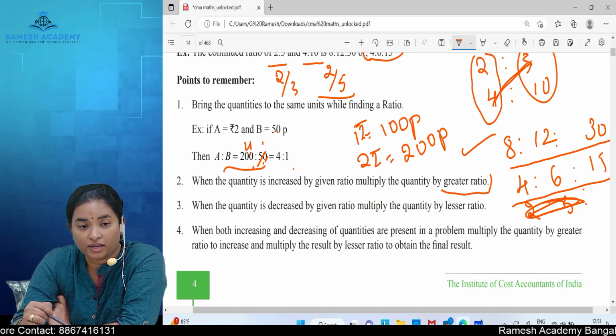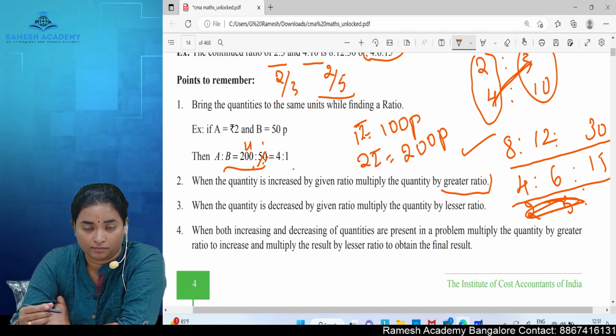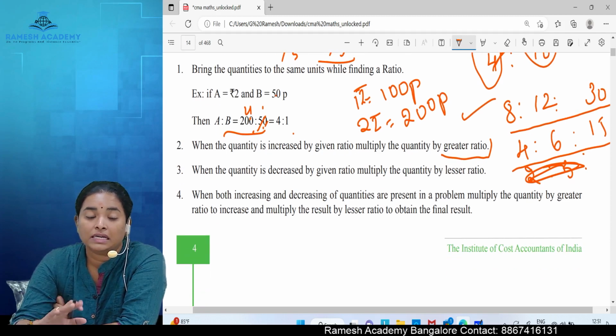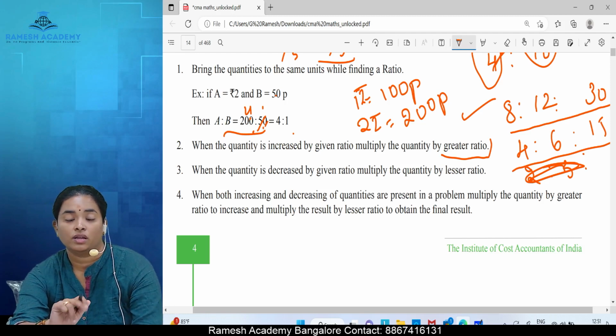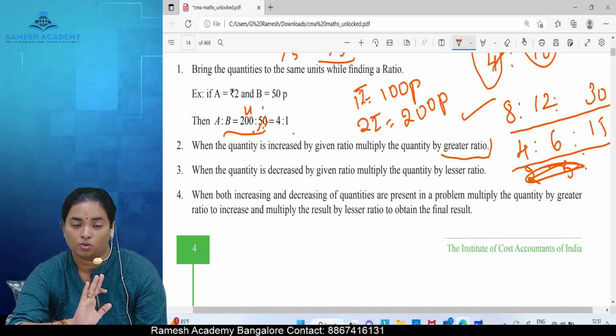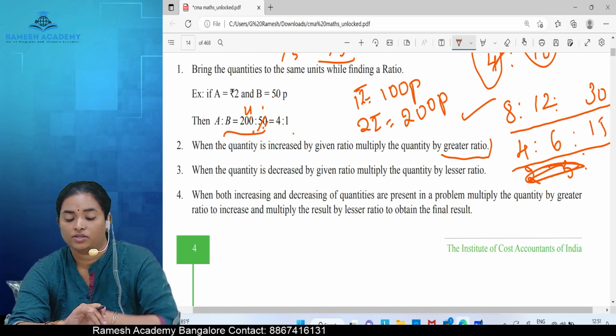If it should be decreased 3 times, divide by 3. That is what they mean. So increase is multiplication, decrease is division. Not plus and minus, it is multiplication and division.